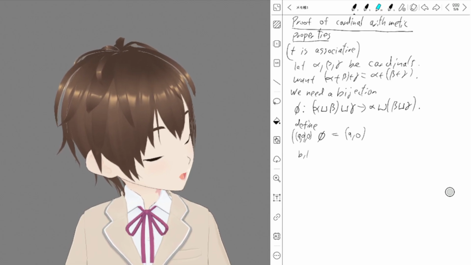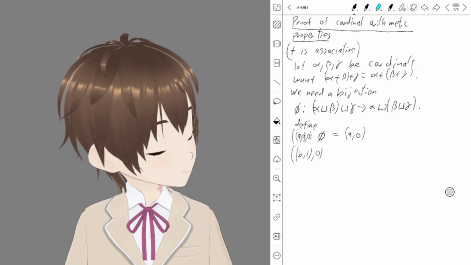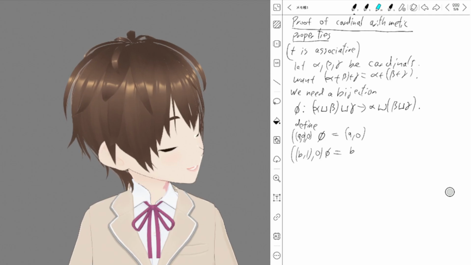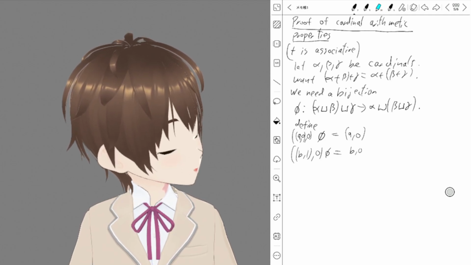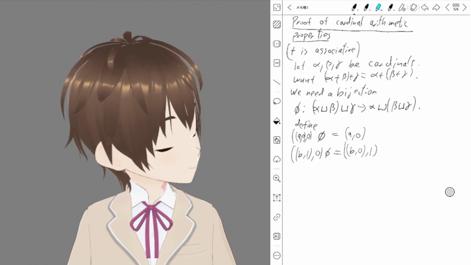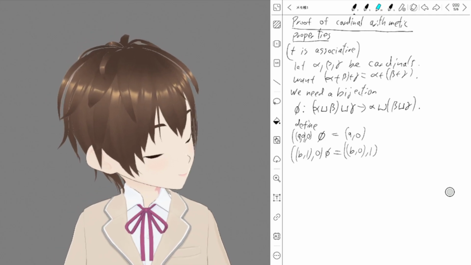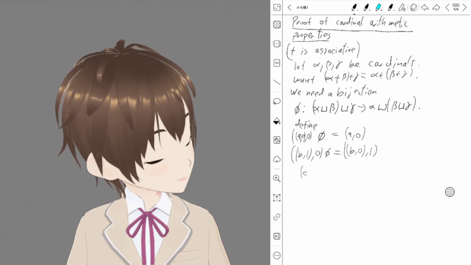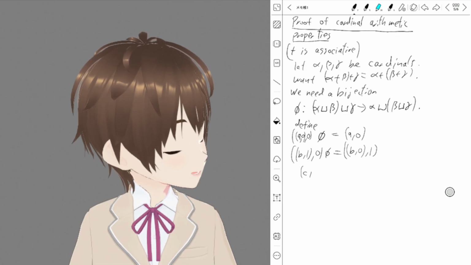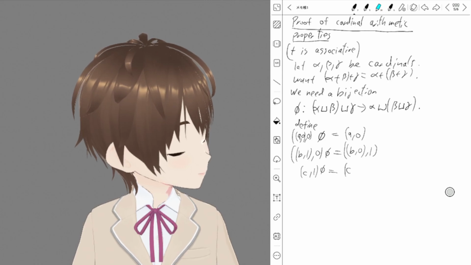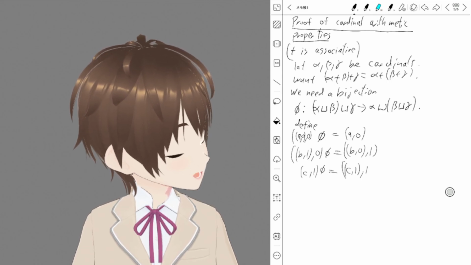And then I do the similar thing for the other one. So B is tagged with a 1 and then a 0. And I map this to B, and now it's tagged with a 0 and then a 1. Because it's in the right half of the right disjoint union within the left half of that right half. And then with C, C is tagged with a 1 only in the first part, and it's mapped to a thing which is tagged with a 1, and then that thing is tagged with a 1.